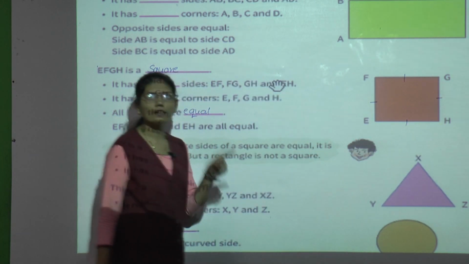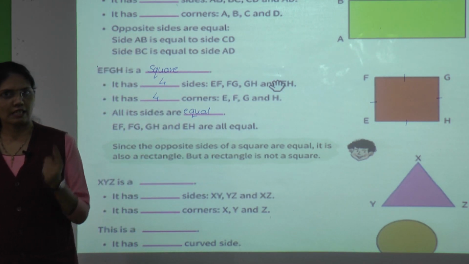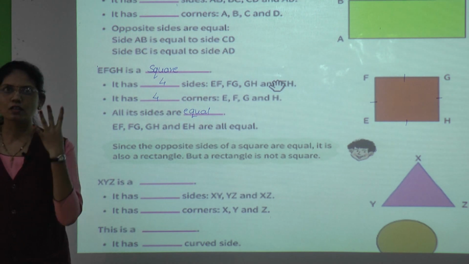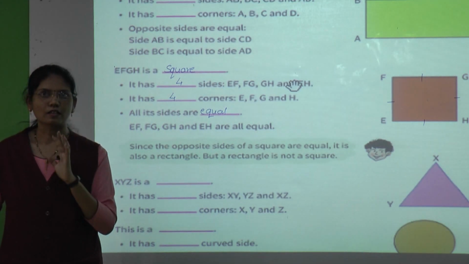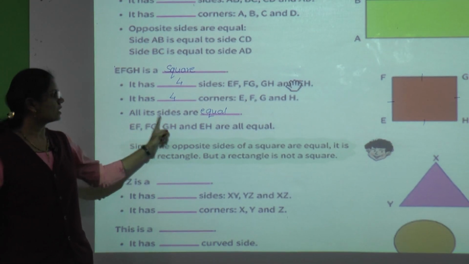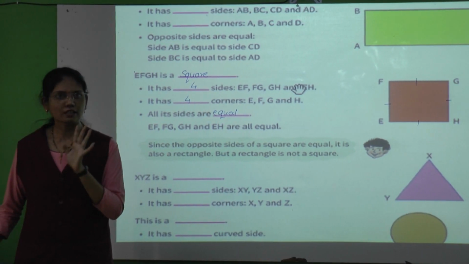So in a square all the sides are equal in length. Once again I will tell you all the properties of a square. A square has four sides and it also has four corners, and a very important property, all its sides are equal. In a square all the sides are equal in length.